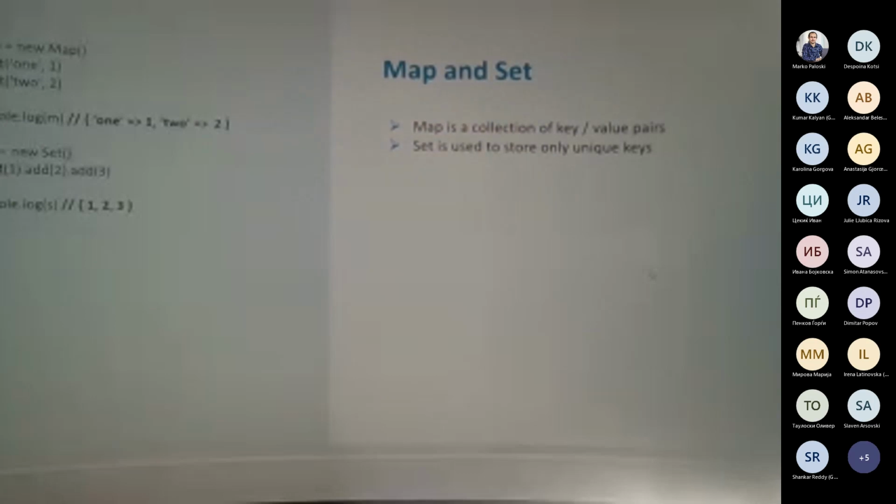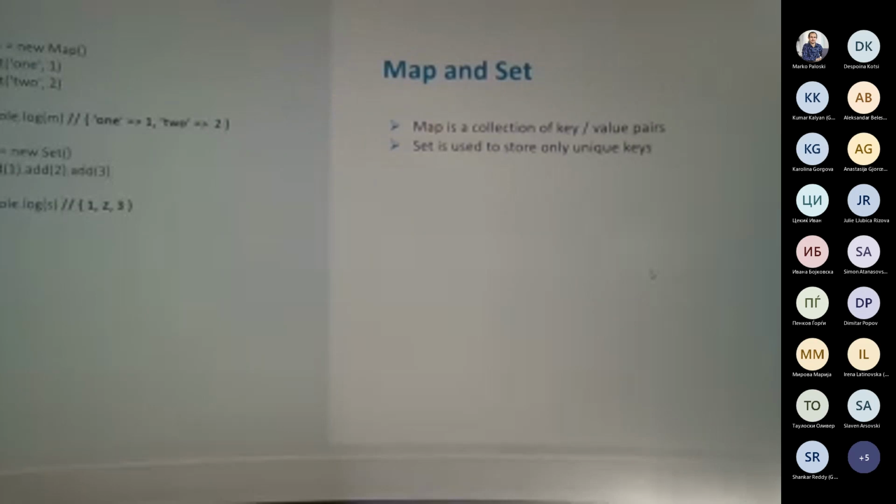So previously we were making them in JavaScript manually by creating objects and adding them as key value pairs. So yeah, here it's very simple. You just use new Map, and it initializes a new map.